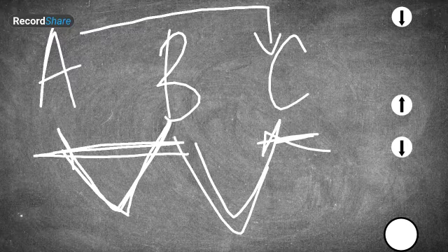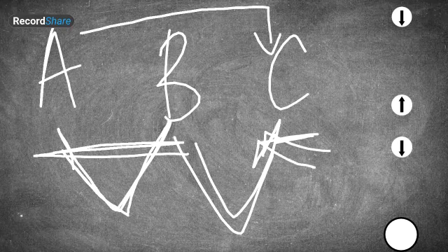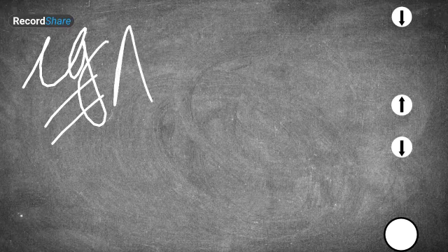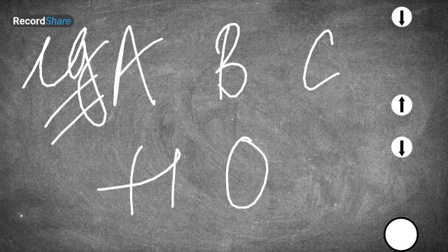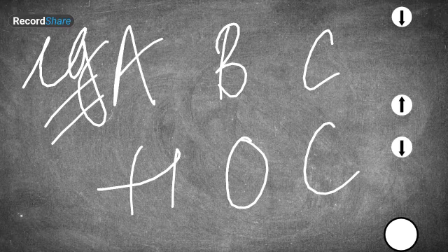Or when B and C combine, it will also be a simple ratio. So let us take an example. Let us take hydrogen and oxygen as A and B, and let us take carbon as the C element.